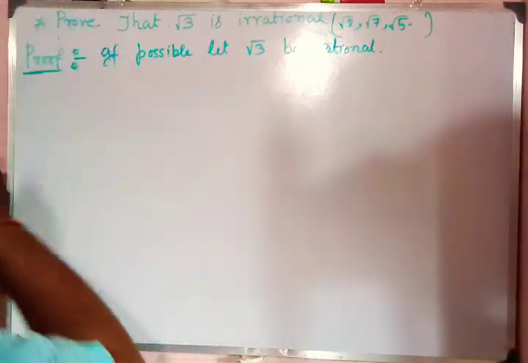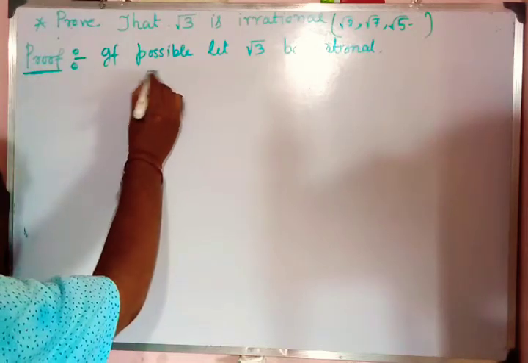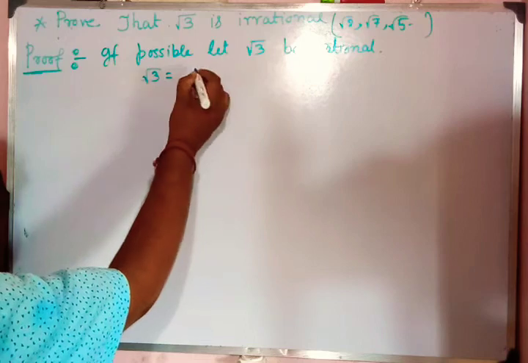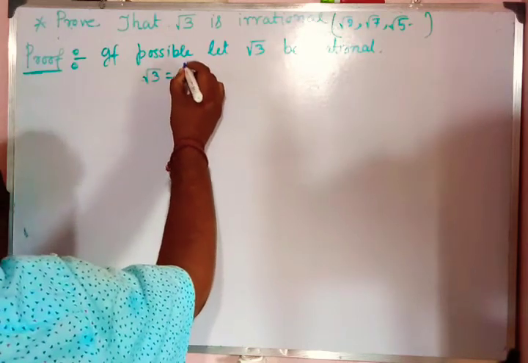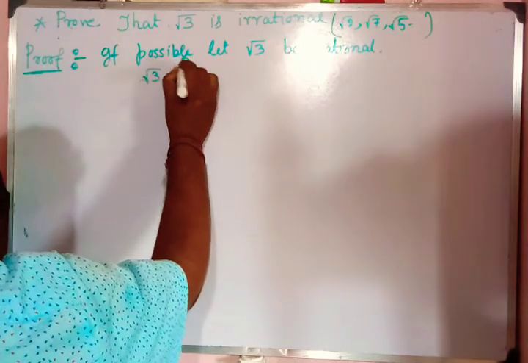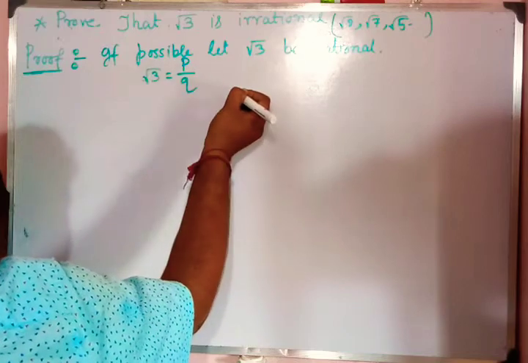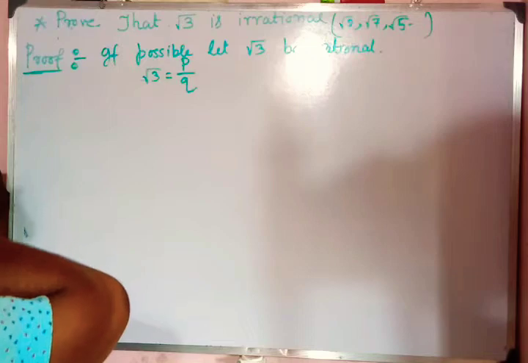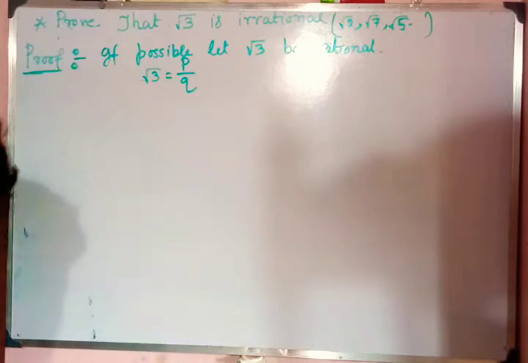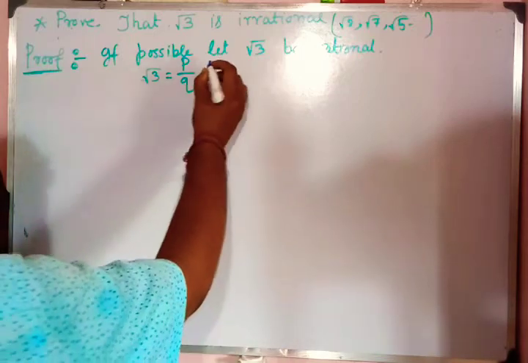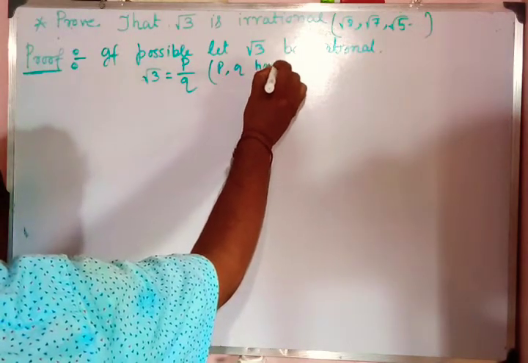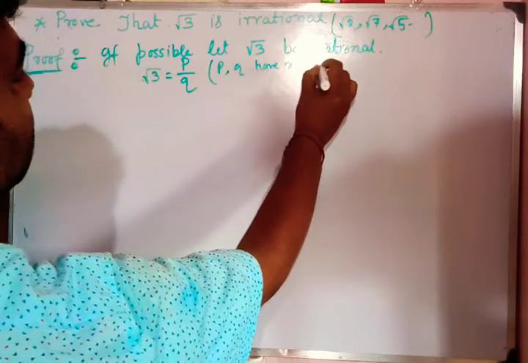So root 3 can be expressed in the form of P by Q, where P and Q are integers and P and Q have no common factor.